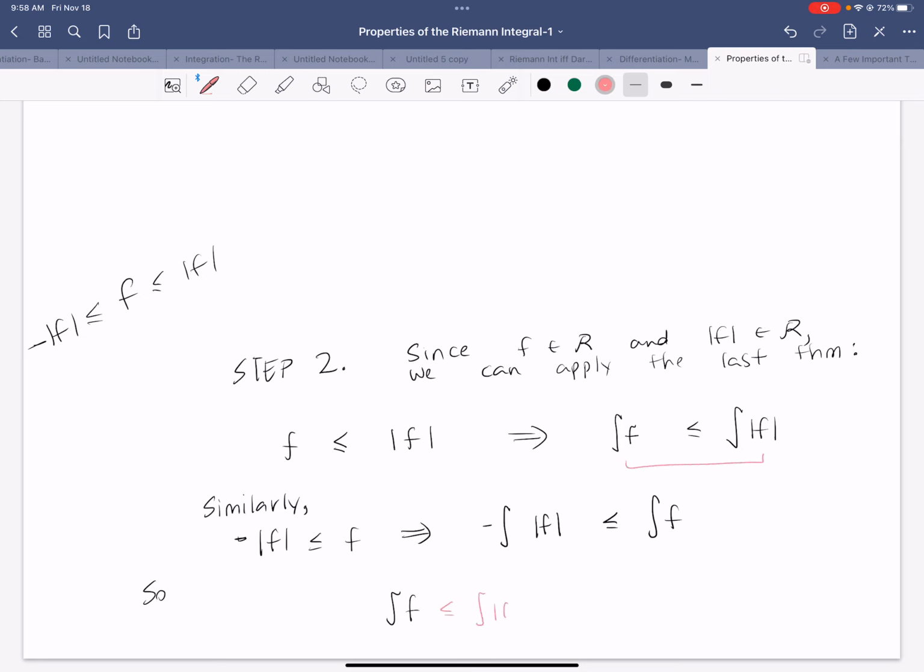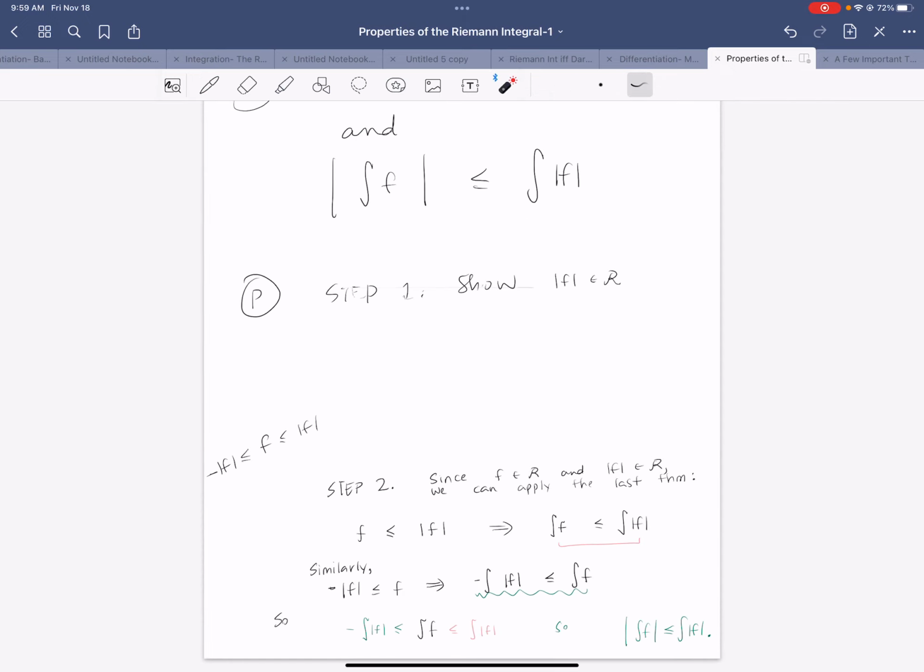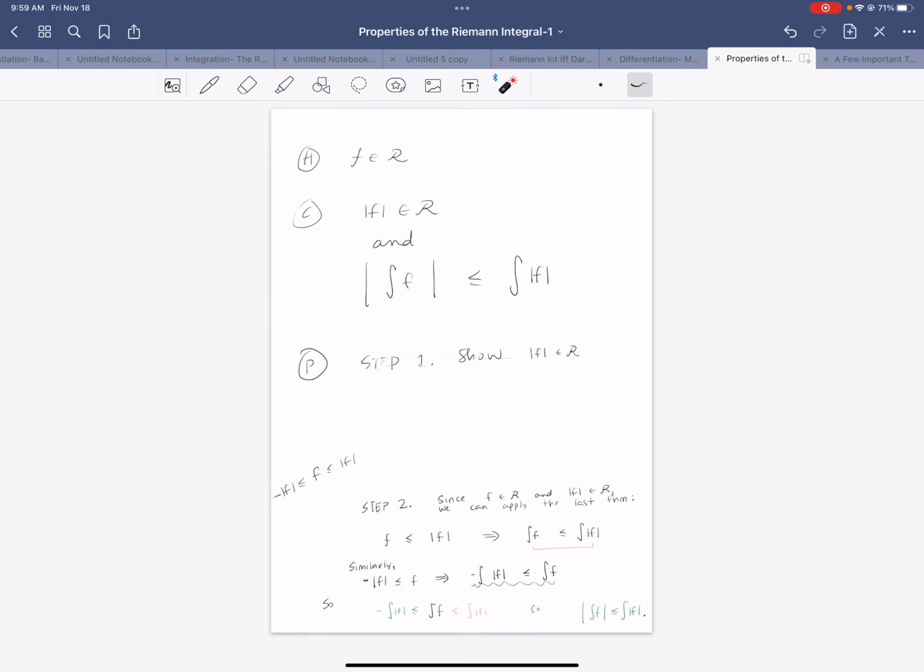And on the other hand, it is bigger than or equal to minus the absolute value of the integral of f. This means the absolute value of the integral of f is less than or equal to the integral of the absolute value of f. Okay? So all we need to do is show that the absolute value of f is Riemann integrable.